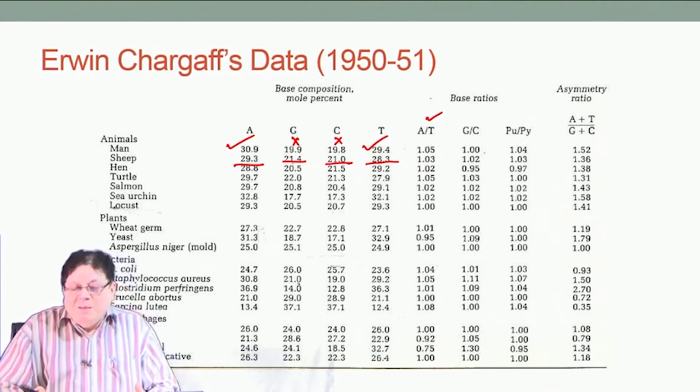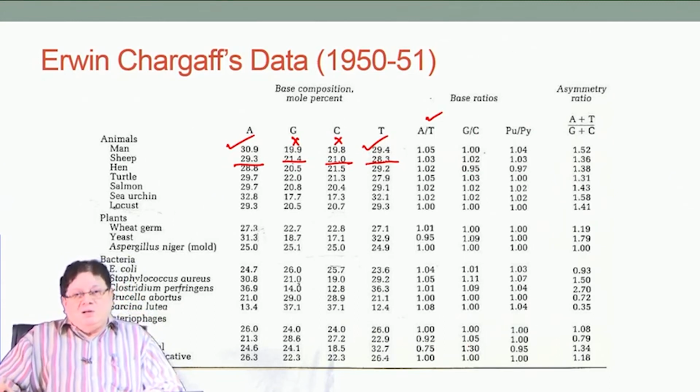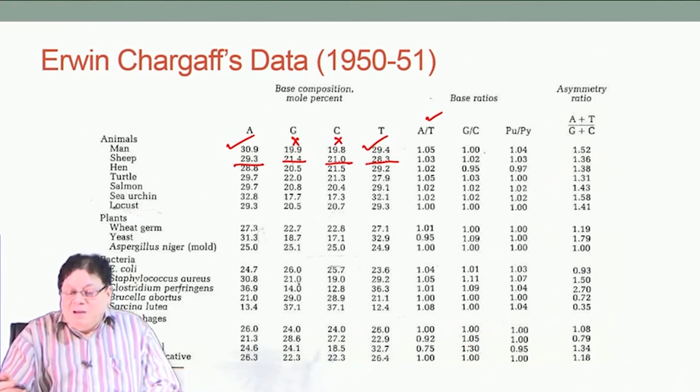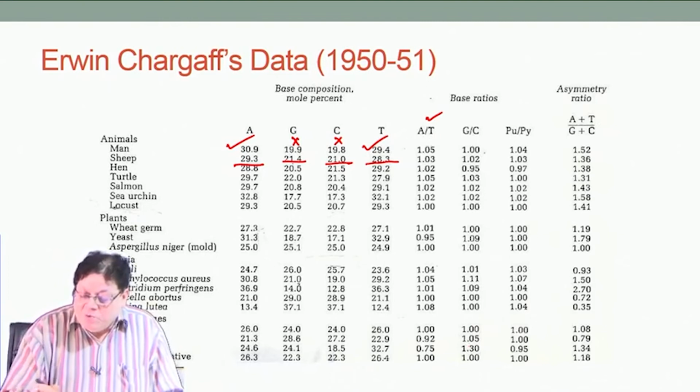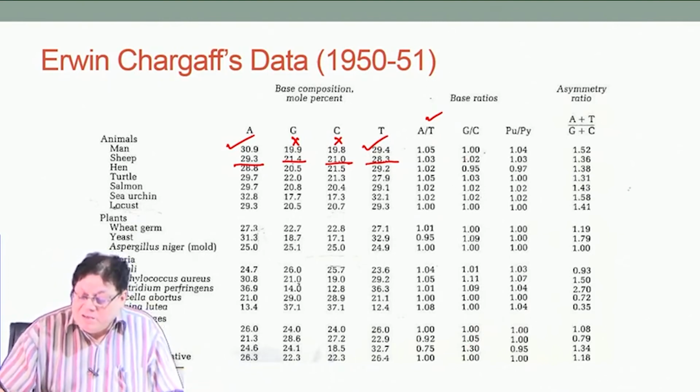That means the percentage of A is equal to the percentage of T, and the percentage of G is equal to the percentage of C.